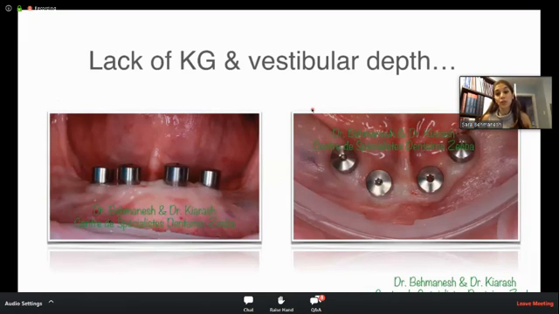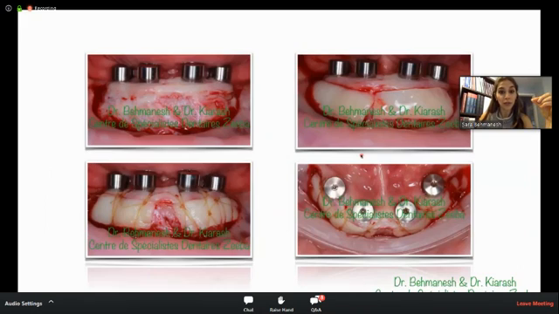Now, in some situations we cannot use a connective tissue graft because we need to deepen the vestibule, especially in areas of complete or partial edentulism when we are using locators or any removable appliance sitting on top of the implants. In that case, it's better to use a free gingival graft technique to not only get the thickness of tissue we want, but also to deepen the vestibule.